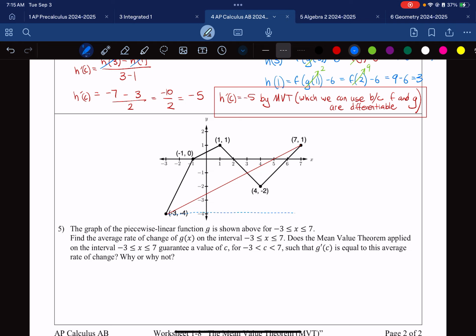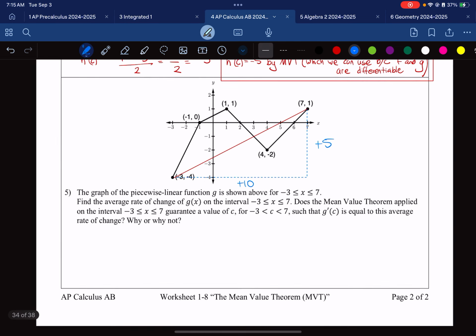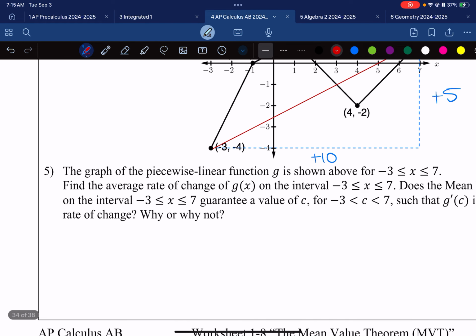If I find the slope of that line, I went right 10. I counted really quickly: 1, 2, 3, 4, 5, 6, 7, 8, 9, 10. And then how much up? 1, 2, 3, 4, 5. I've gone up 5, so plus 5. So my slope, let me make sure it's very clear for the AP grader.